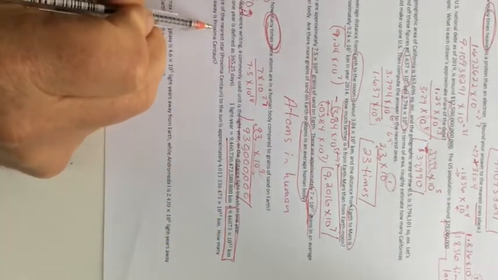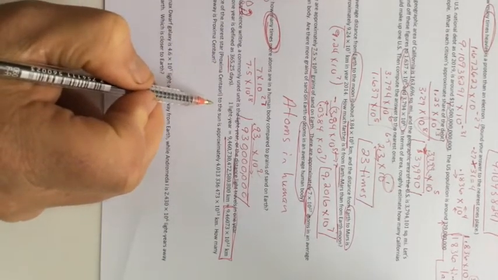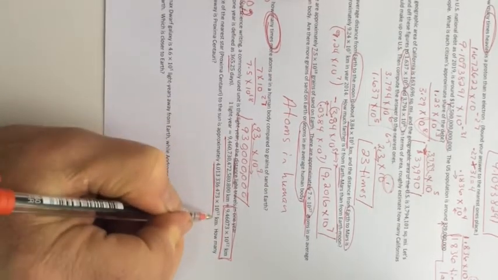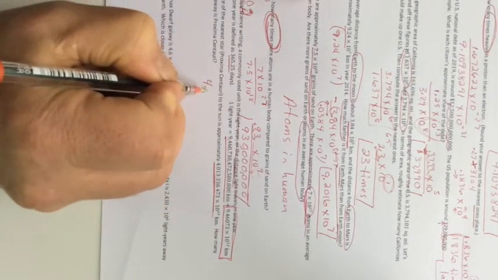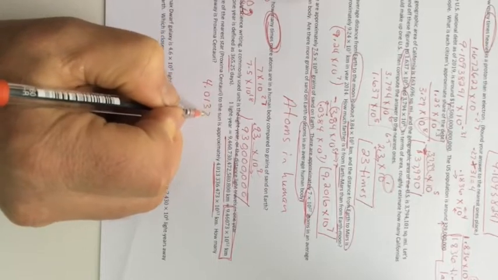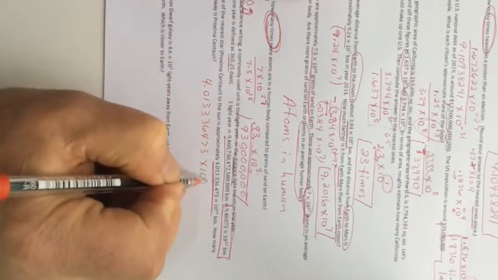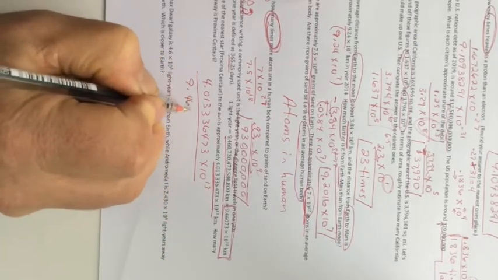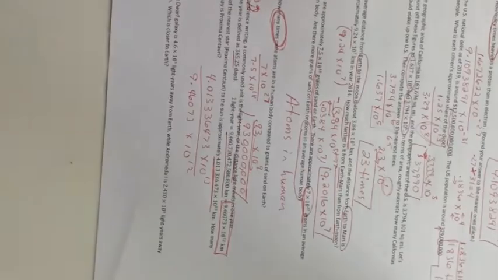The distance to the nearest star, Proxima Centauri, to the sun is approximately this many kilometers. How many light years away is that? So let's take the kilometers and divide it by the light years and see. So we have 4.013336473 and divide it by a light year, 9.46073 times 10 to the 12.